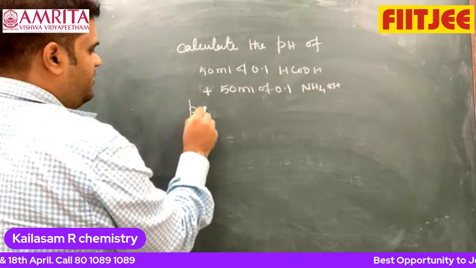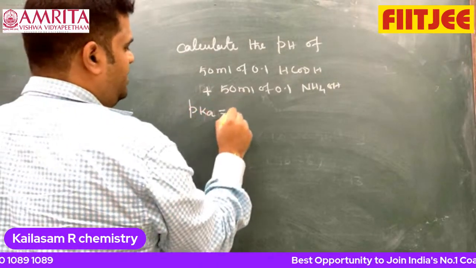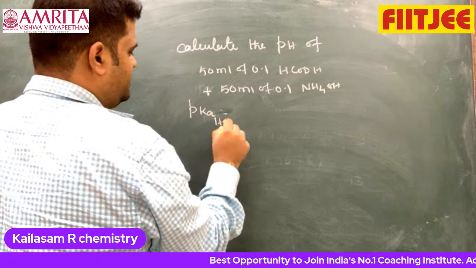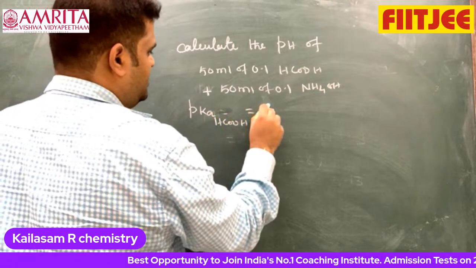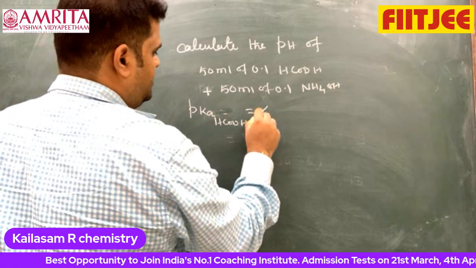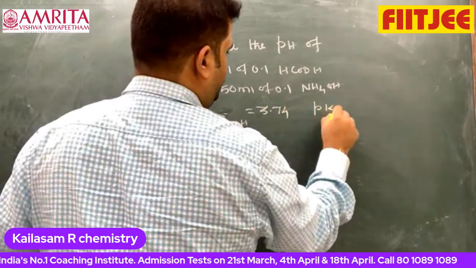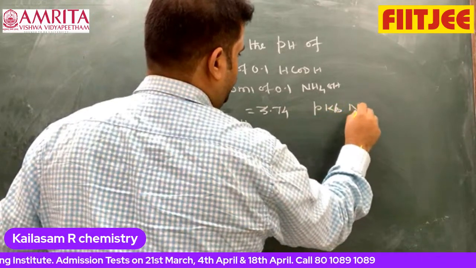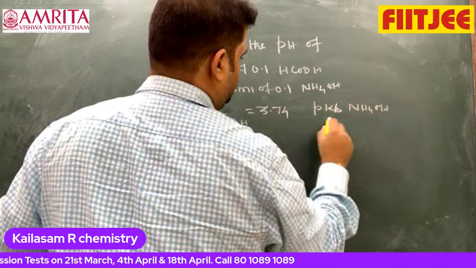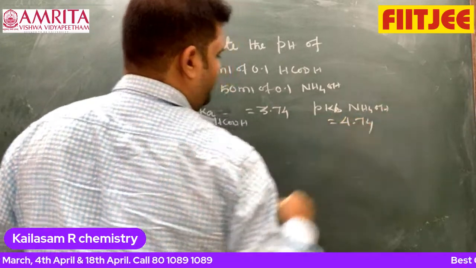Now pKa of HCOOH is 3.74, and pKb of NH4OH is 4.74.